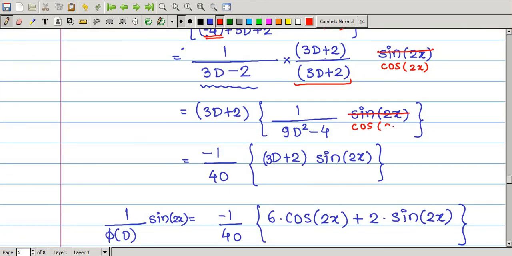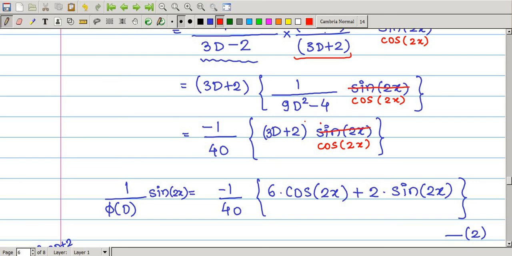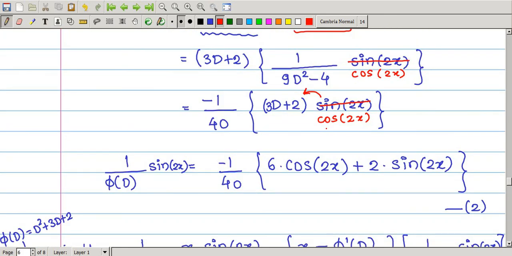Here again cos 2 times x, after simplifying minus 1 by 40 can be taken outside. We operate this on this function. So here we just need to simplify this.